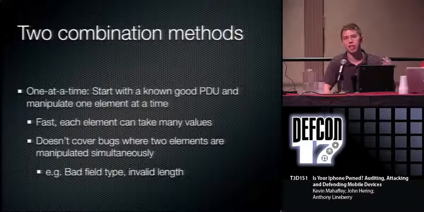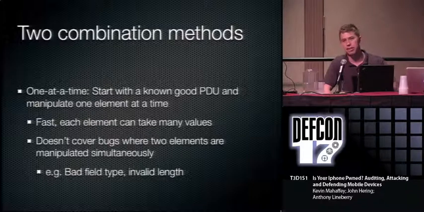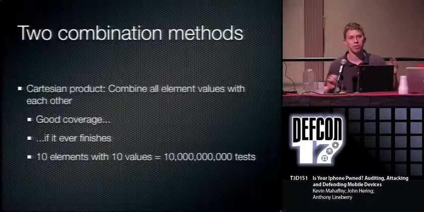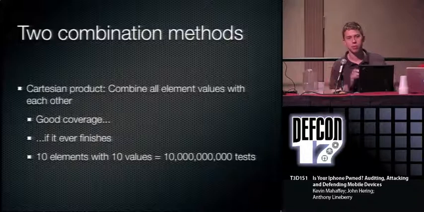For example, let's say you had a type length value protocol and you just fuzz the length, but the vulnerability lies in fuzzing both the type and the length at the same time. You're not going to find that bug. So the other type of way is basically you combine all of the different types of blocks together. Basically, if you have 3 values, you combine all possible values of all the 3 elements together.